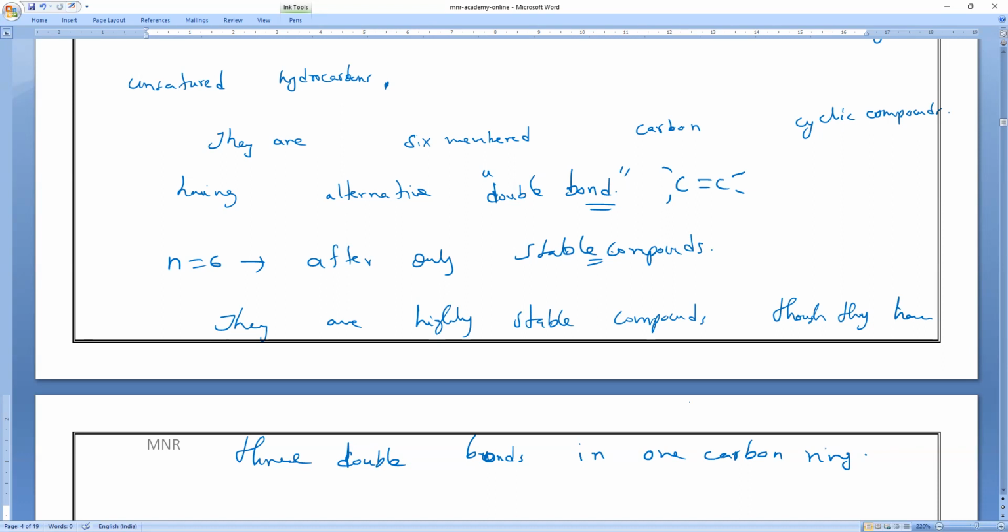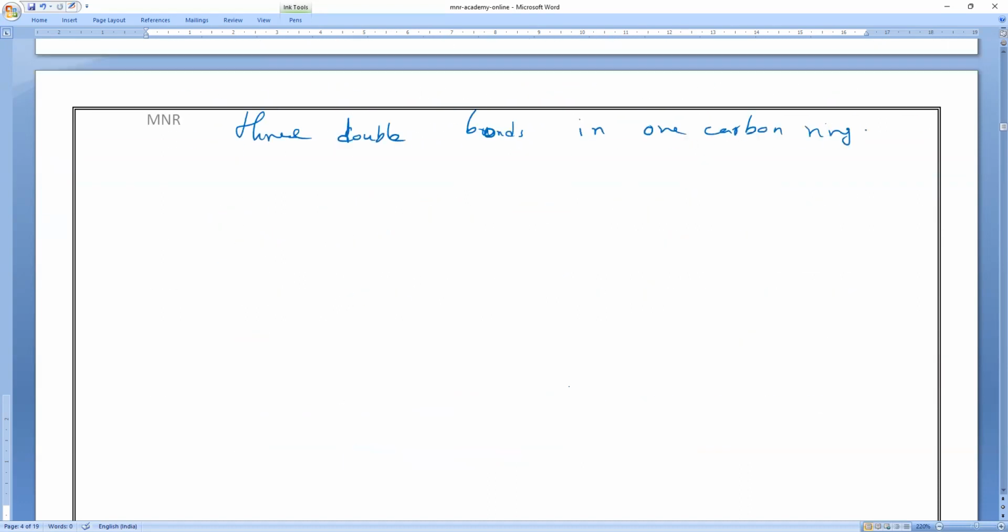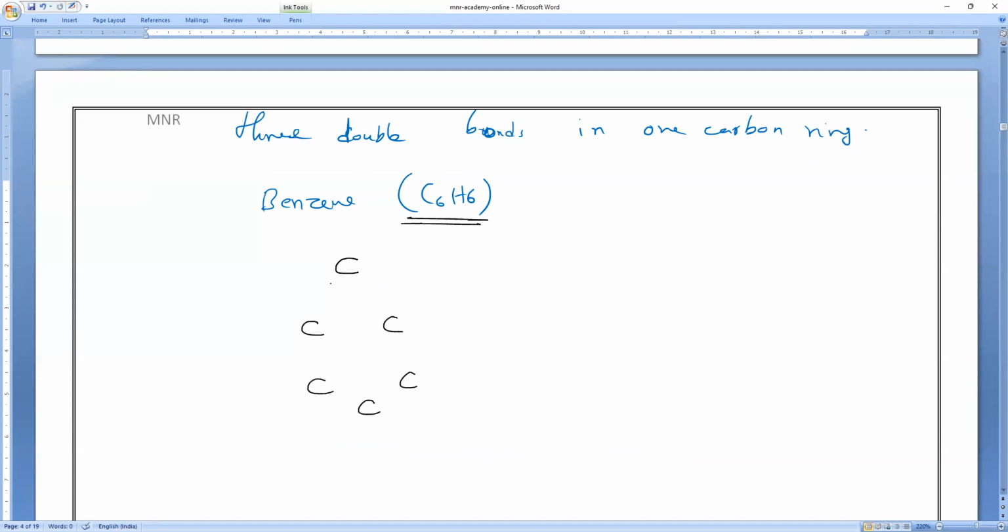Clear, everyone? So what is the structural formula of benzene? Benzene formula is C6H6, the most popular compound, so the hexane structure will come. The structure is very important. Single bond and single bond, that's fine, but as I said, double bonds must be there.